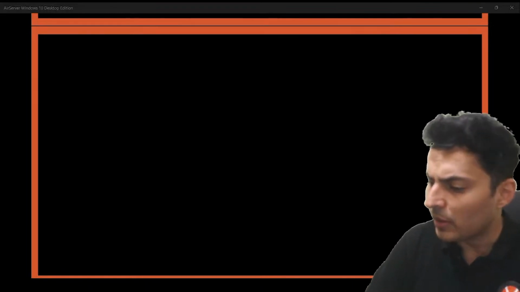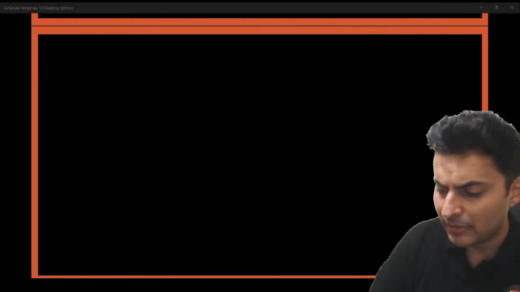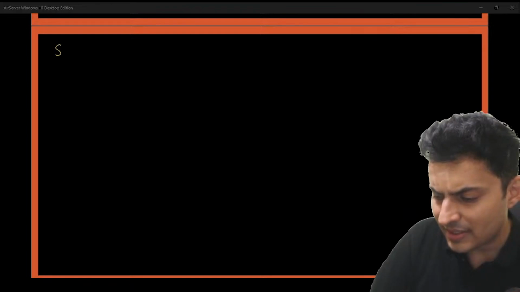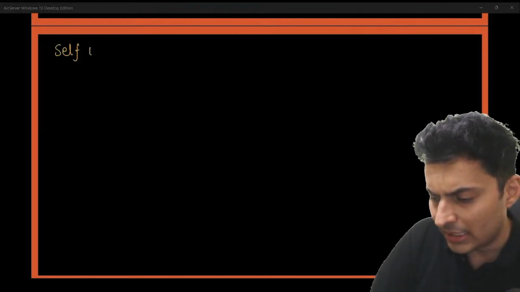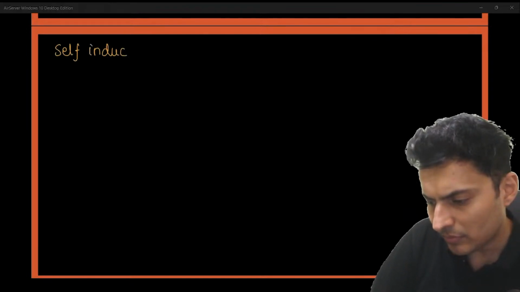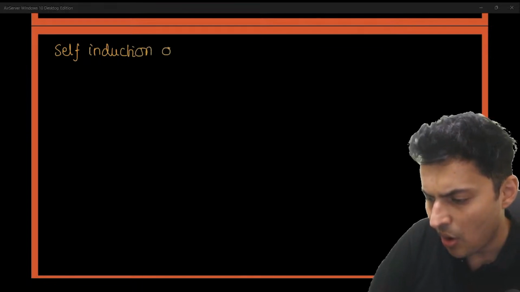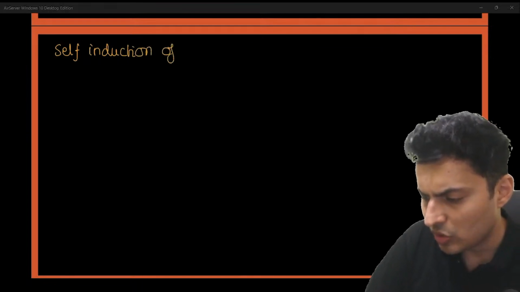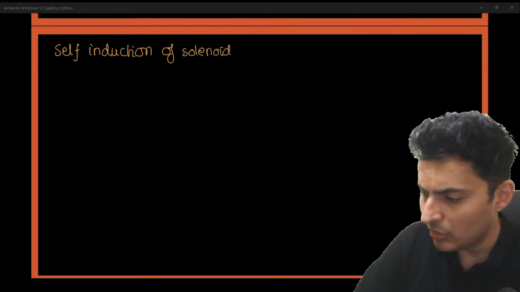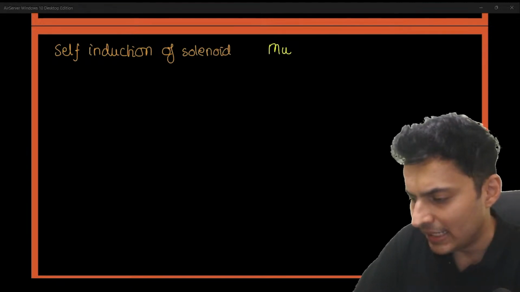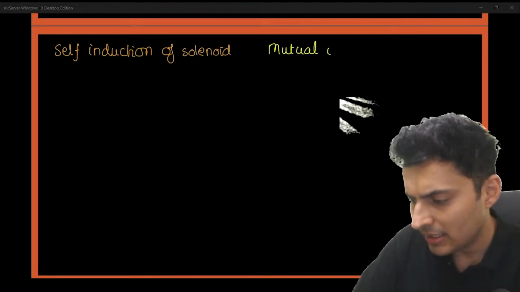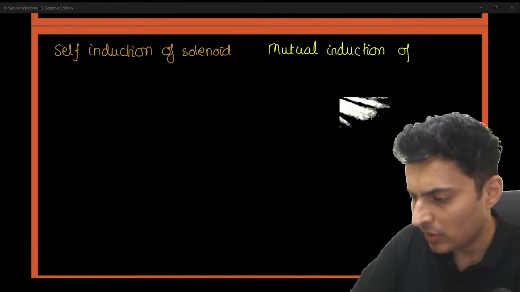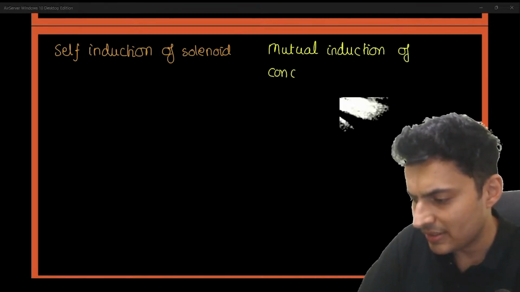So there's a formula you should know, the formula for self-induction of a solenoid. And then you also have mutual induction of concentric solenoids.